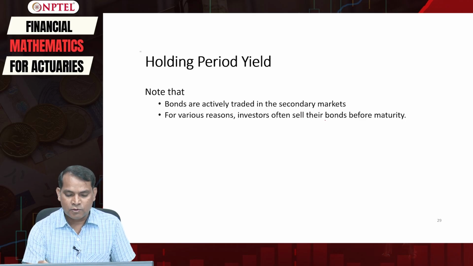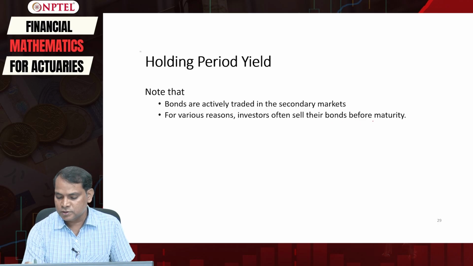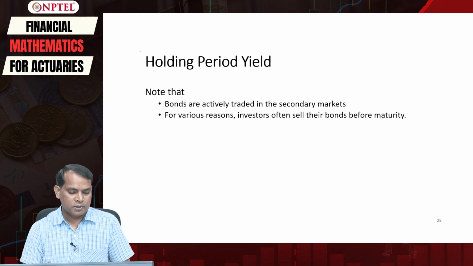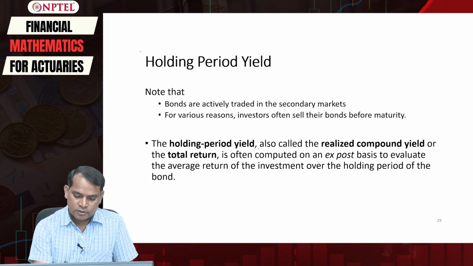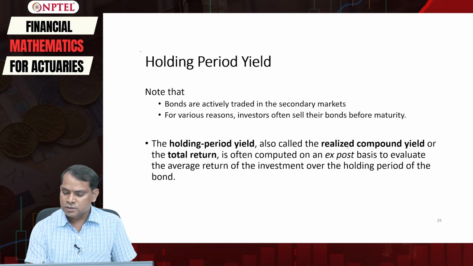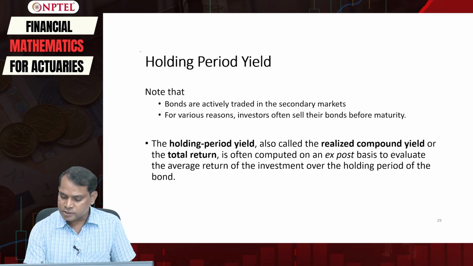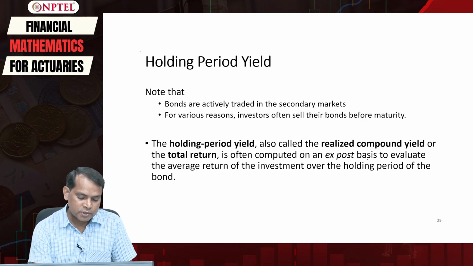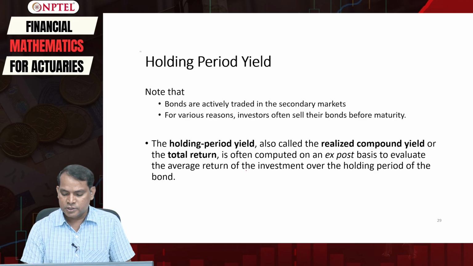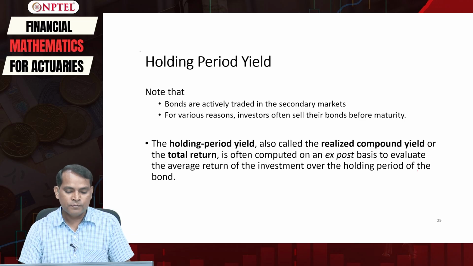That is the holding period, the period when they hold the bond. So the holding period yield, also known as the realized compound yield or the total return, is often computed on an ex post basis to evaluate the average return of the investment over the holding period of the bond.